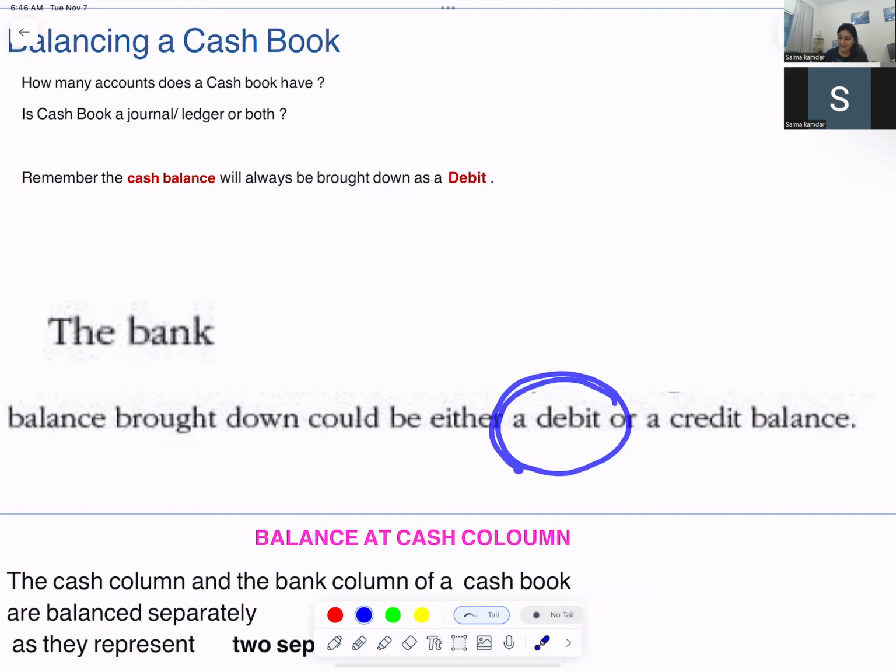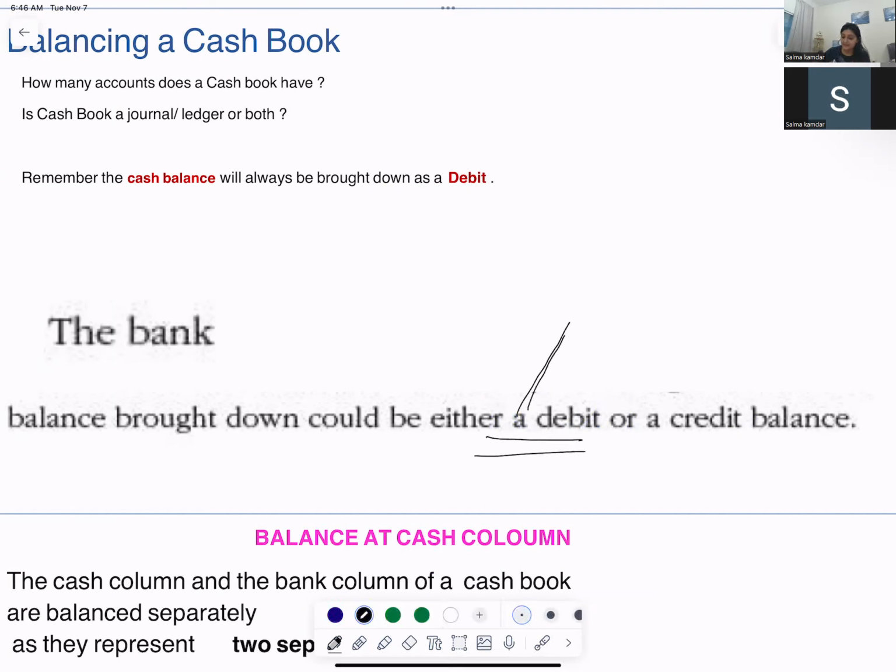What does a debit balance in a bank account represent? A debit balance in the bank account represents money lying in the bank. What does the credit balance in the bank account represent?